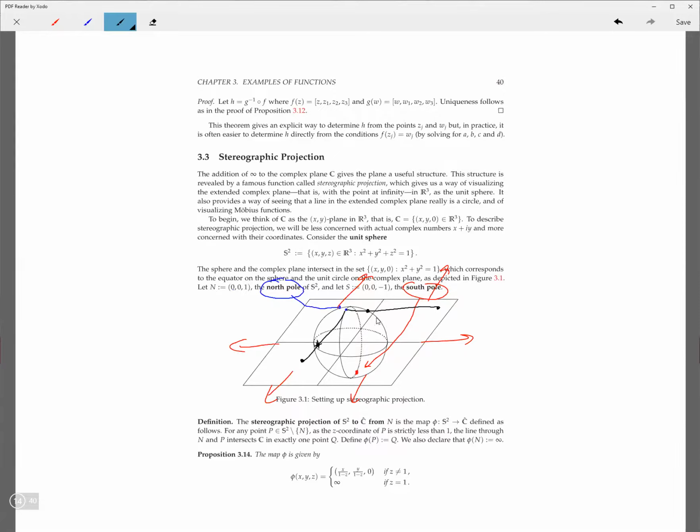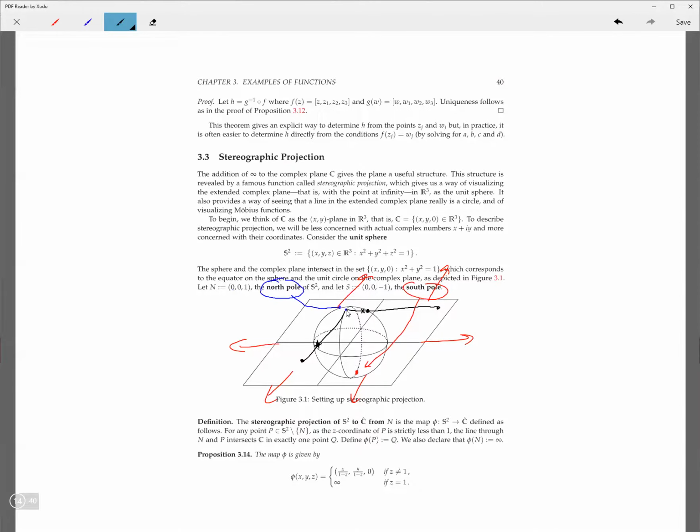So any point that you choose down here on the plane, if you draw a line from the North Pole through the surface of the sphere, it'll correspond to exactly one point, right?